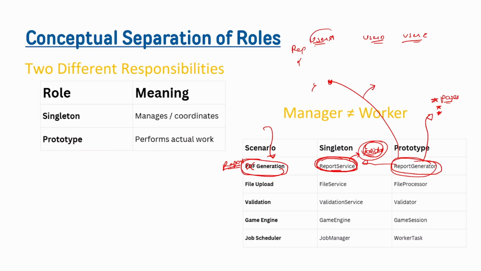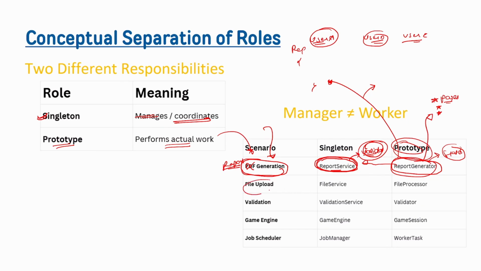Because for each user the number of pages generated will be different, and this report generator will contain states like the number of pages generated, temporary file, etc. So basically we should use the prototype bean inside the singleton bean when there is a need like this. The prototype bean performs the actual task, and the singleton bean manages or coordinates. These are some of the scenarios where we can use the prototype bean inside the singleton bean.